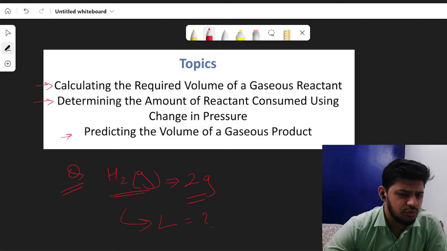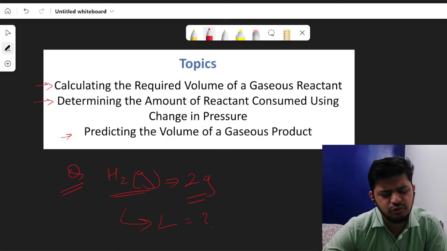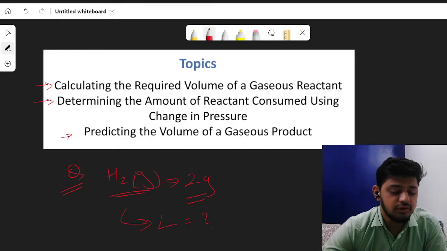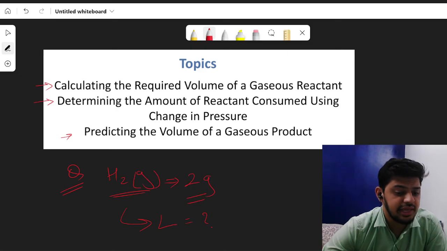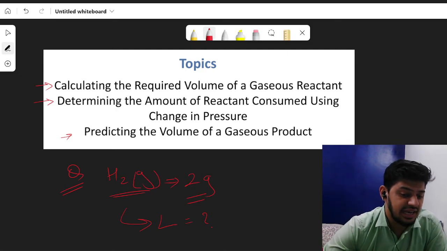If you don't know how to do this, it's not a problem. It's not a big problem. If you don't know, you don't know. That's it. If you know, just try, and tell me how we will calculate the volume of this gas.